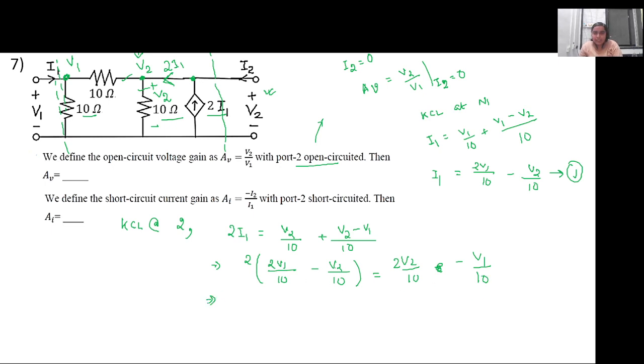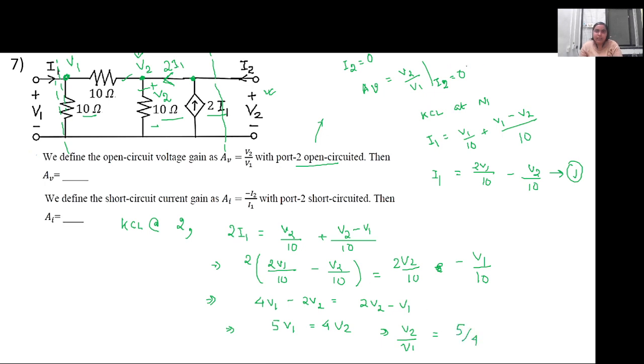Since 10 is there in all the denominators, I'll get rid of it. It is 4V1 minus 2V2 will be equal to 2V2 minus V1. So if I bring all the V1 terms on this side, it is 5V1 equal to 4V2. Now we need the ratio of V2 by V1. So V2 by V1 equal to 5 by 4.